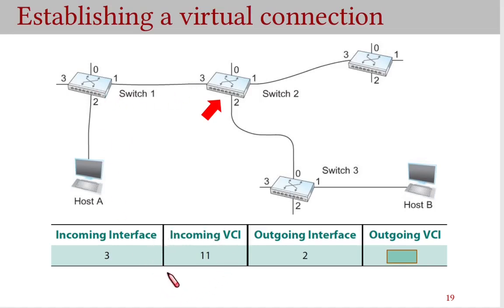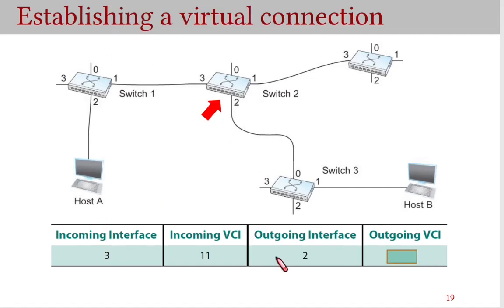And now switch 2 finds that identifier 11 is not allocated at this interface, so it allocates number 11. And then again it knows that this has to be forwarded to switch 3, and that is connected on interface 2, so it would have number 2 in its outgoing interface field, and then outgoing VCI is going to be empty. And after that it's going to forward this setup message to switch 3.